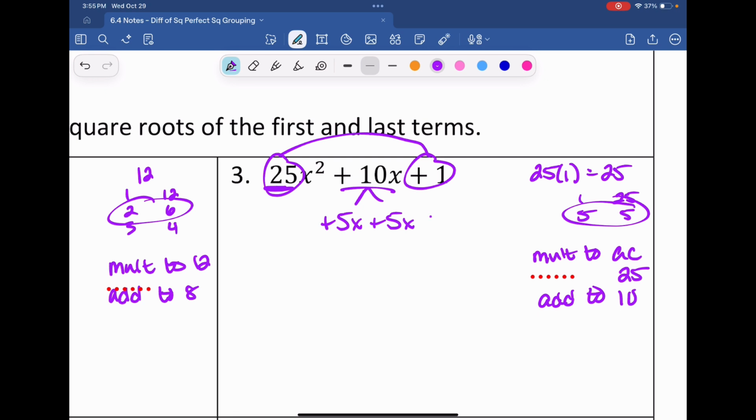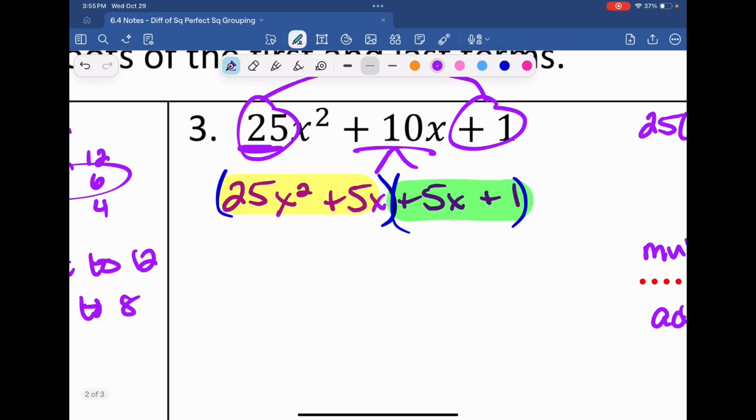Bring down your 1, 25x squared. Group the first 2 terms and the last 2 terms. GCF for the first one, 5x. So 25x squared by 5x is 5x. 5x by 5x is 1.